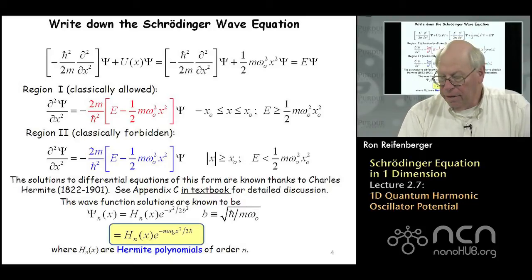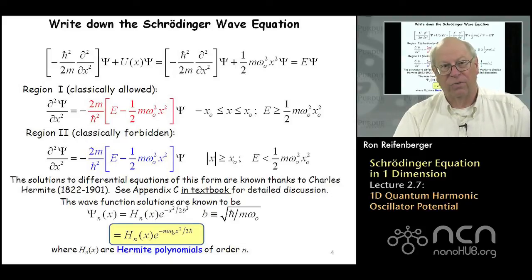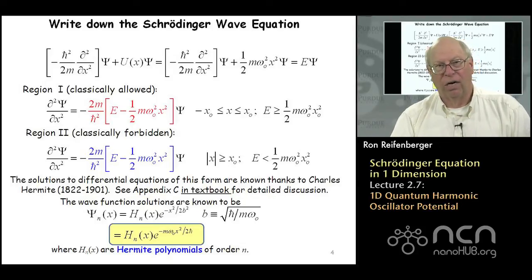A guy by the name of Hermite discovered the analytical solutions for differential equations of this form, and now there are tables listing these solutions. We're not going to derive the solution of these differential equations. We're just going to take those known solutions, try to convince you that they do solve the differential equation, and then see what the consequence of those wave functions are.